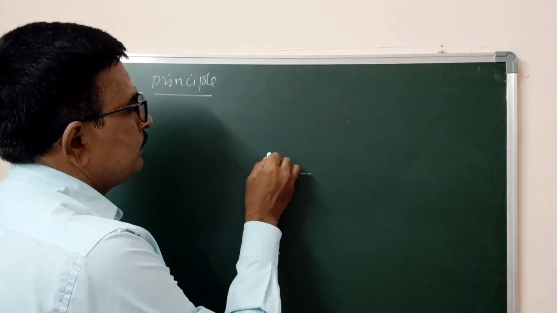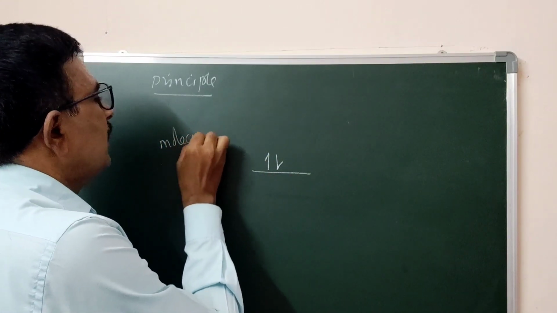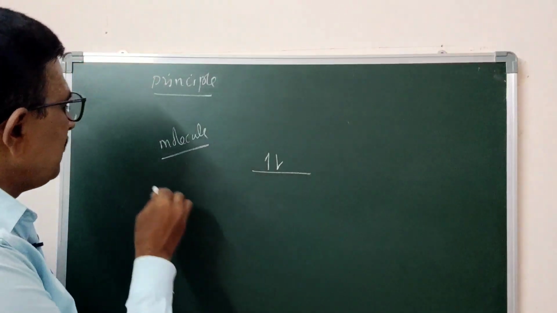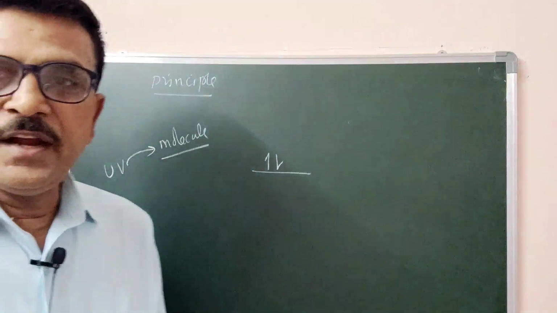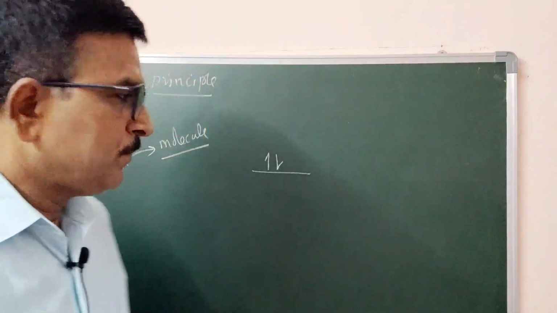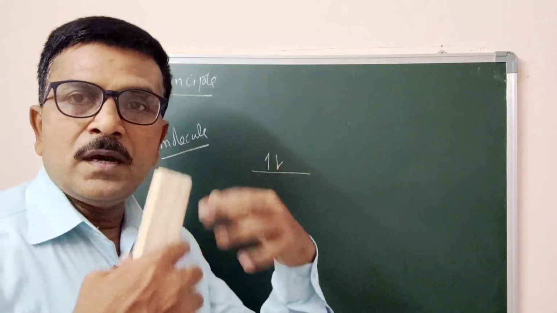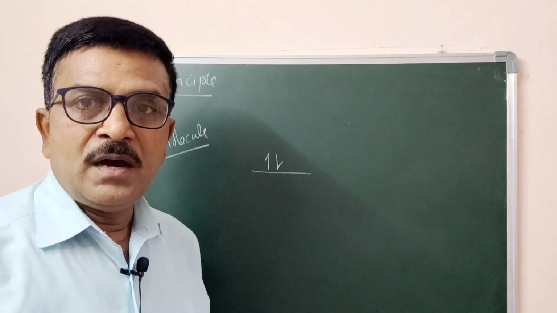Say we have a molecule, whatever it may be. When we supply ultraviolet radiation corresponding to 200 to 750 nanometers, depending upon the nature of the sample molecule, it absorbs ultraviolet radiation. Then what happens after absorption?